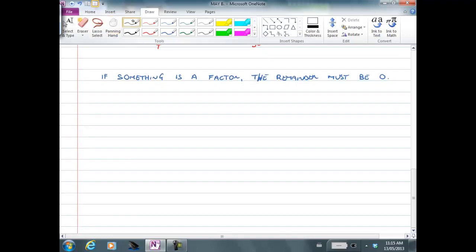The question is this. Now, before I apply this to grade 12, I'm going to ask you to do a few things. Factor 3x squared plus 9. Very simple question. Factor.